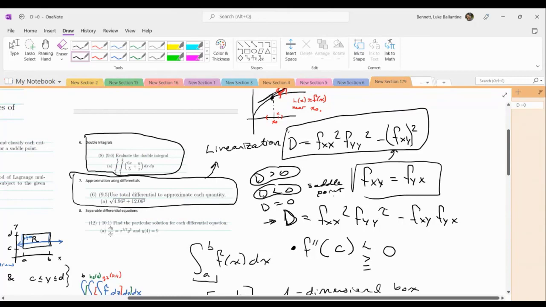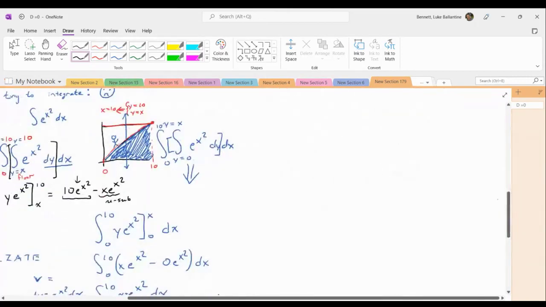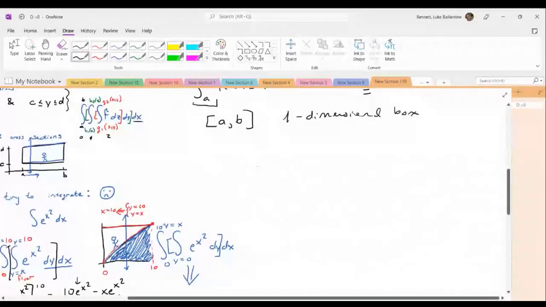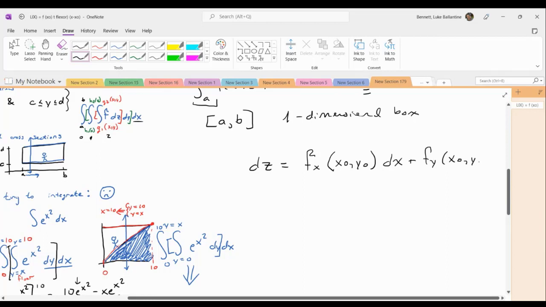And it turns out that your differential formula, dz equals f_x, the partial of f with respect to x at x0, y0, dx, plus f_y at x0, y0, dy.